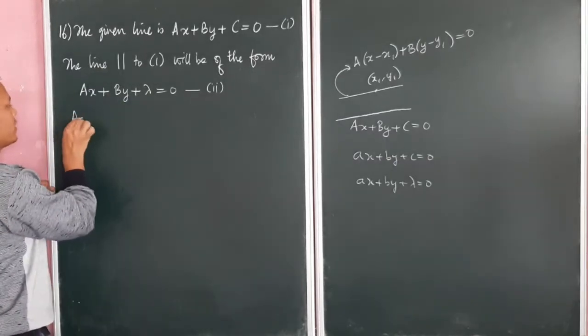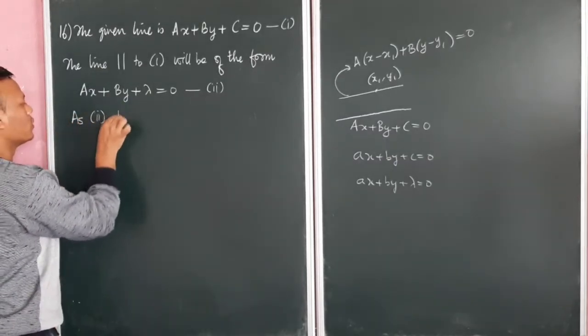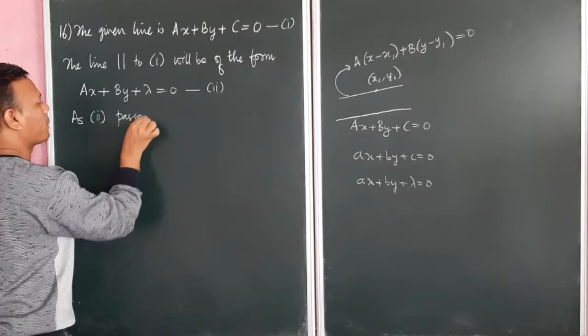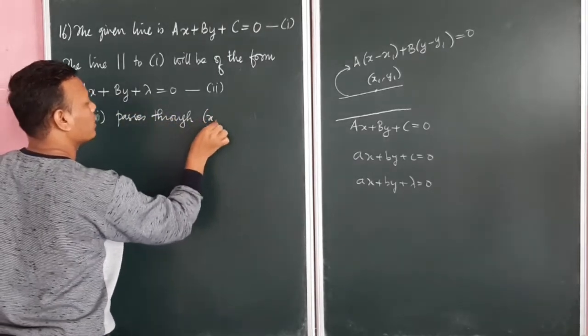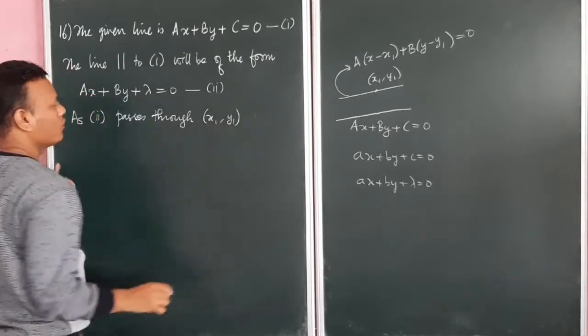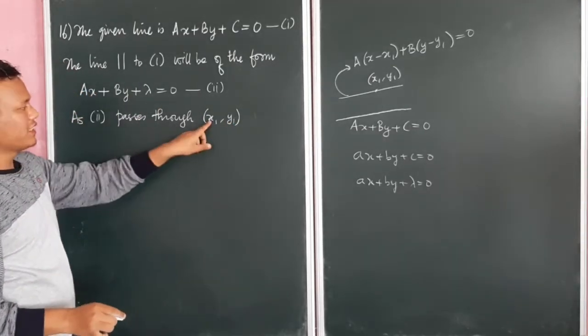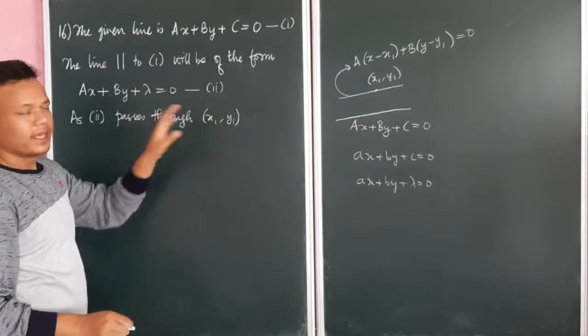So as 2 passes through (x1, y1), we can substitute x1 instead of x, and in place of y I can write y1.